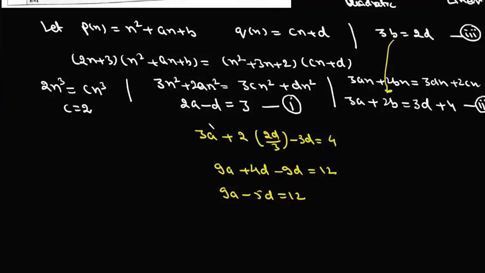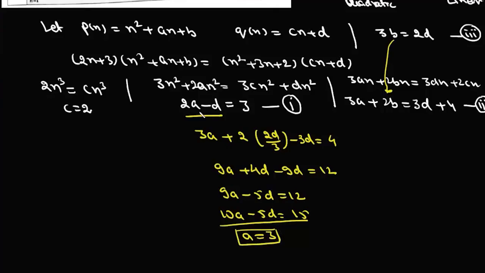So now we have two equations and two unknowns. 2a minus d equals 3. So if we multiply it with 5, we can write 10a minus 5d equals 15. If we subtract first from second, we'll get a equals 3.